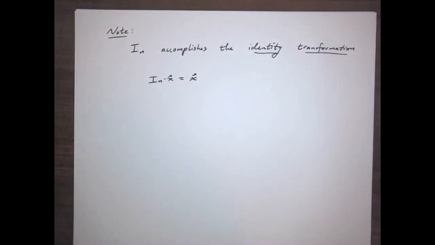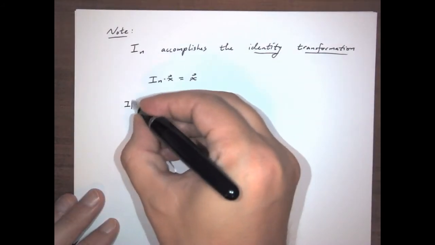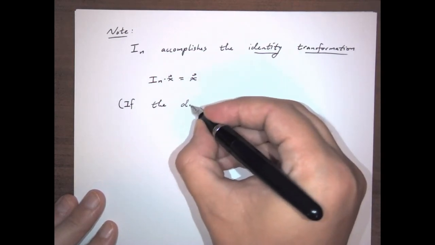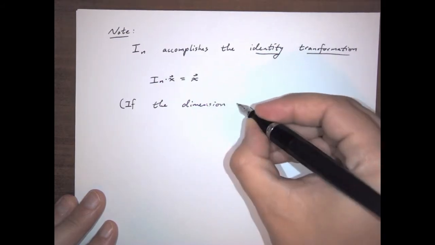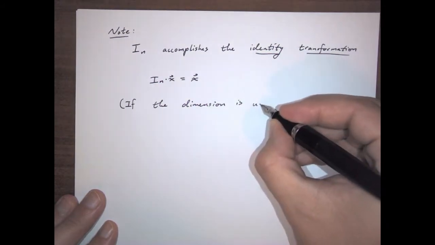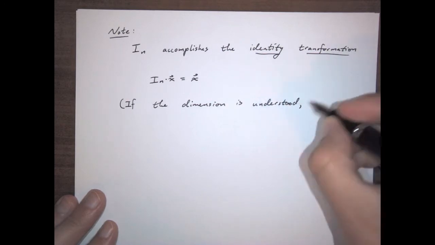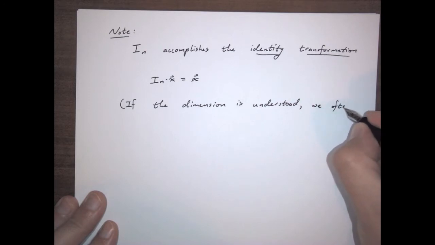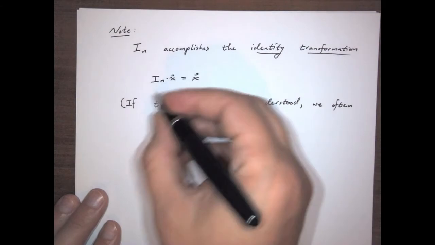Also, whenever there's no ambiguity, if the dimension is clear, if the dimension is understood, we often, by which I mean always, omit the subscript.